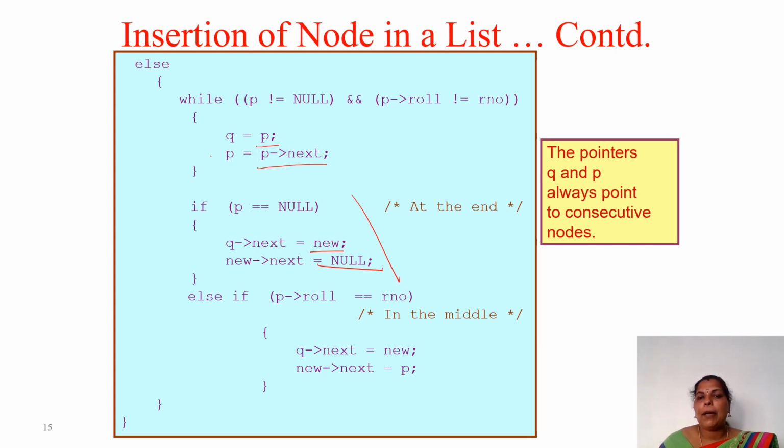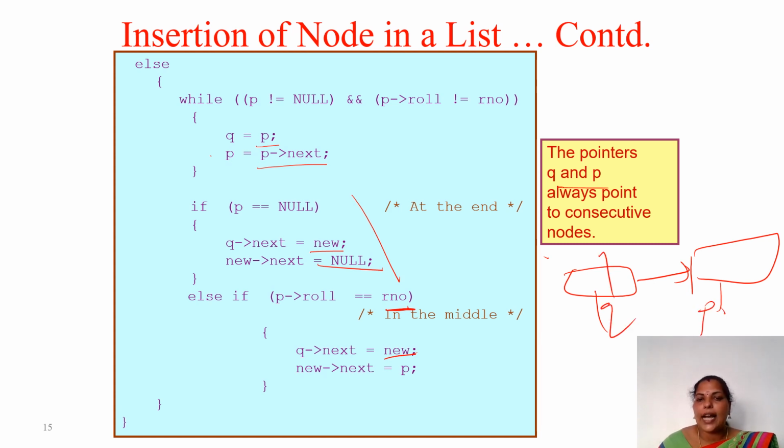Else, if P point to roll number equal to roll number, in the middle before a specified node we are going to insert. In such a case, we need to know the P and Q positions. Here the pointers Q and P always point to consecutive nodes. So Q point to next equal to new. Here if you are going to insert in between these two nodes, this is Q and this is P. This way you have to consider.